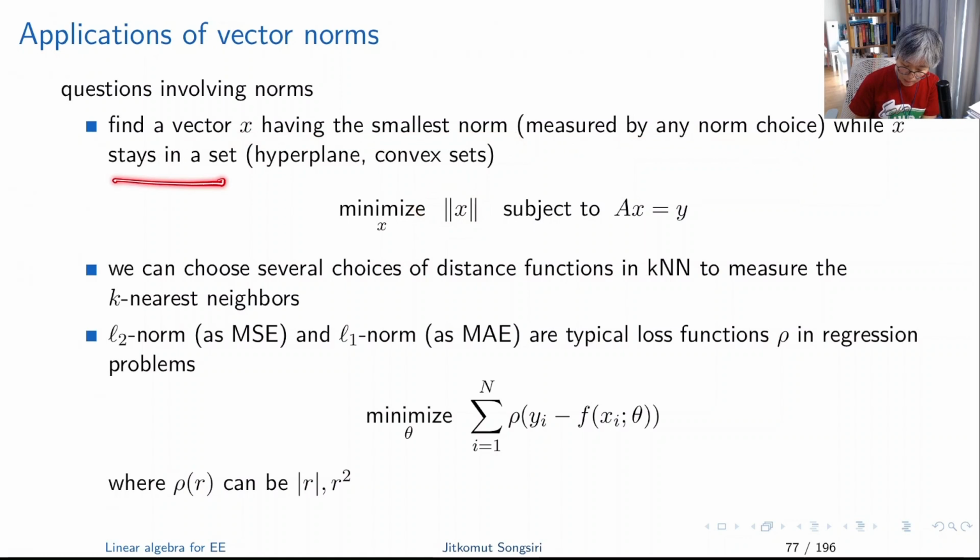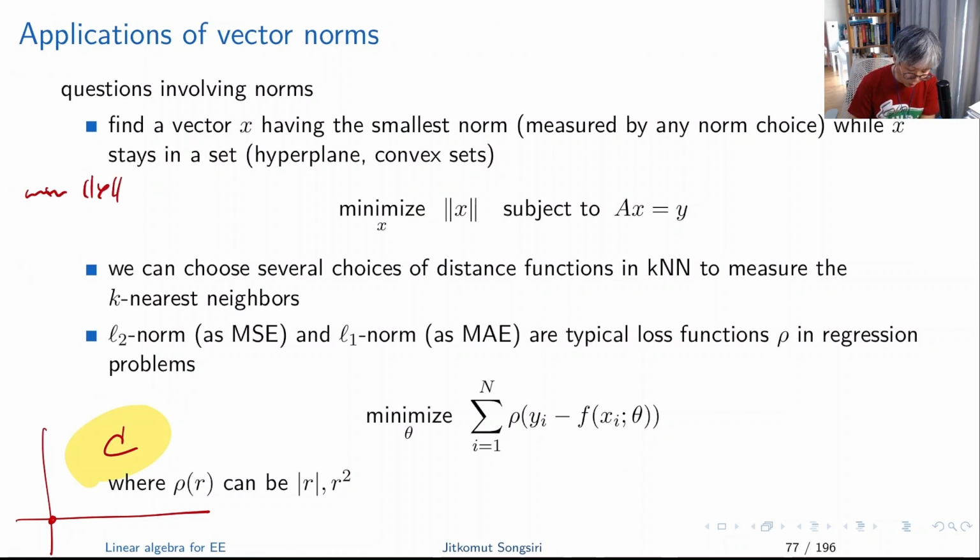But my x stays in a set, a hyperplane or convex set. Suppose I have a set C, my set C is here, and suppose this is the origin. My question is that I want to find the minimum norm of x where my x lies in the set C.